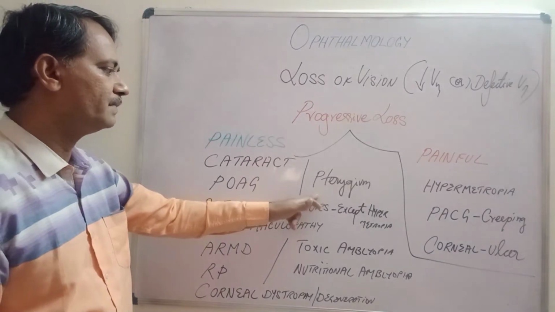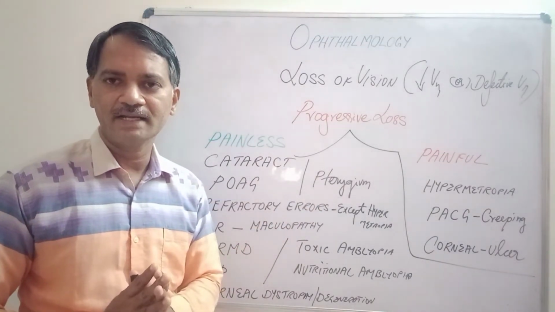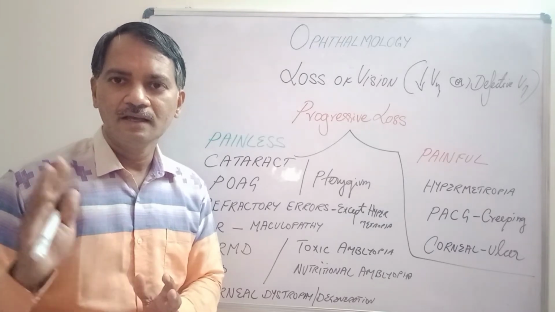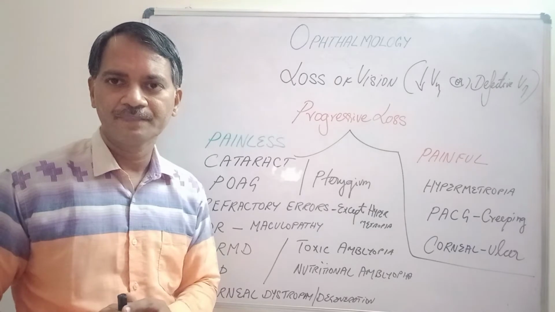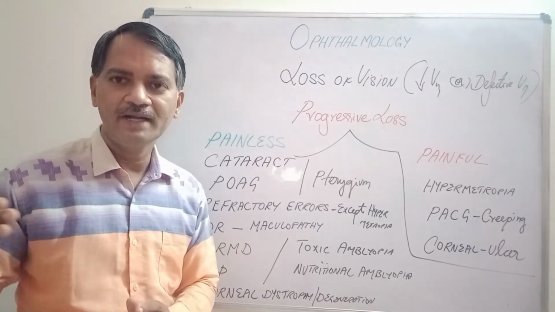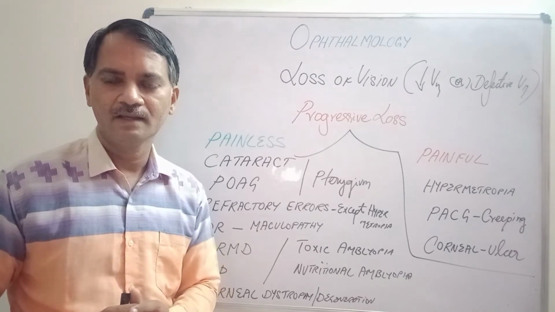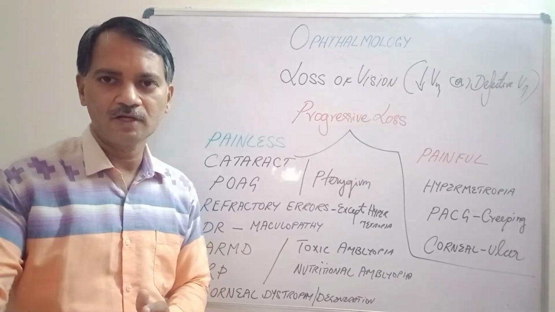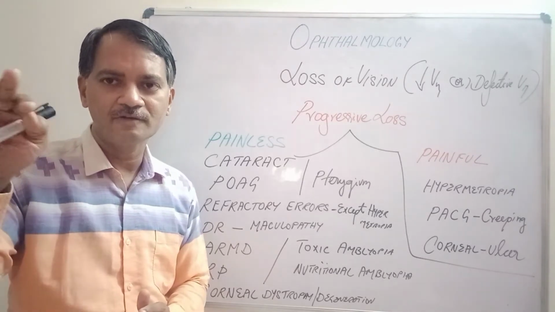Next is pterygium. Pterygium, you know, is a subconjunctival elastotic degeneration of the conjunctival tissue that is encroaching into the cornea. When it encroaches into the cornea, it causes astigmatism. The more it encroaches into the cornea, the more astigmatism it causes, and the more the vision will be reduced.